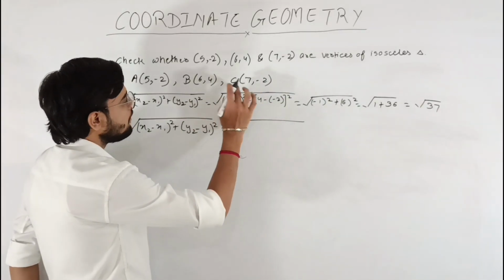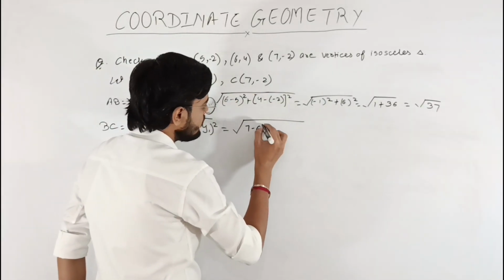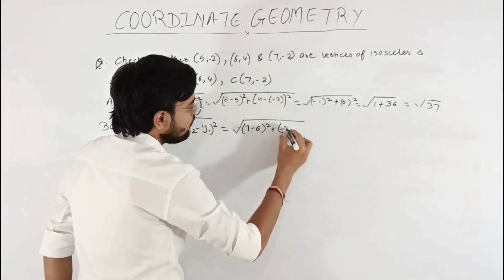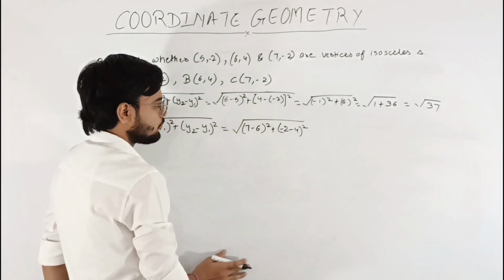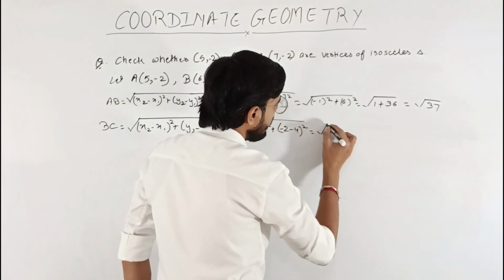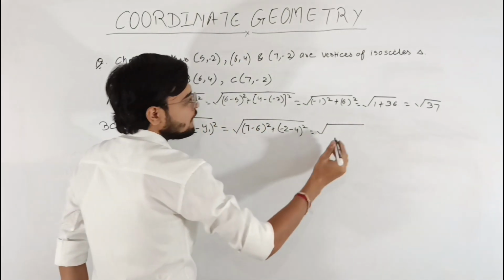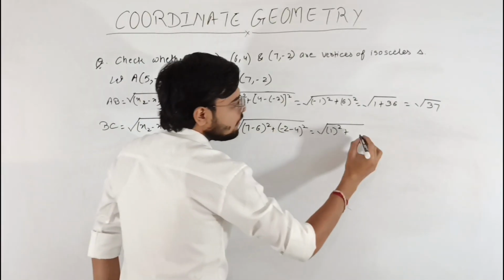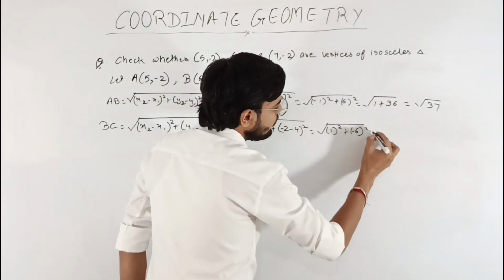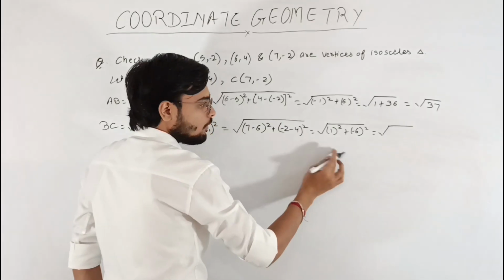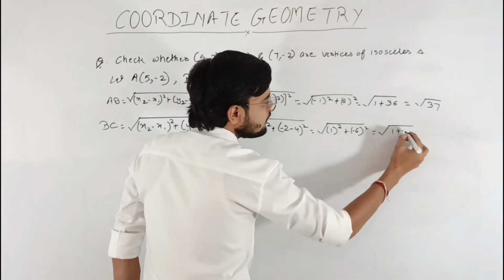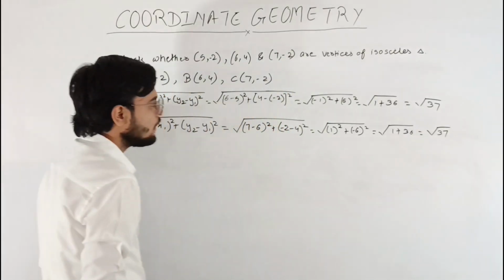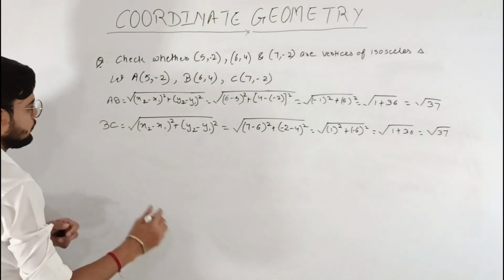So x2 minus x1 is 7 minus 6, squared, plus y2 minus y1 which is -2 minus 4, squared. Now calculate this. 7 minus 6 is 1, and -2 minus 4 is -6. The square of 1 is 1, the square of -6 is 36, which gives root 37. Now we find AC.